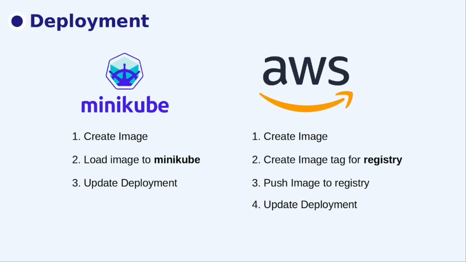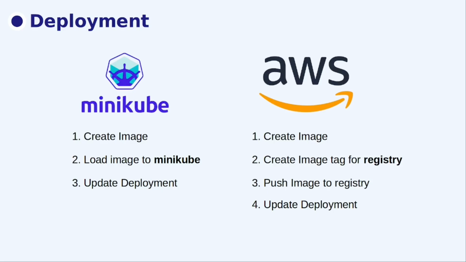The second way is deploying to the cloud, for example on AWS. These steps are similar but include a registry. First, we create the Docker image. Then we tag the image so that it points to a container registry, such as Amazon Elastic Container Registry.